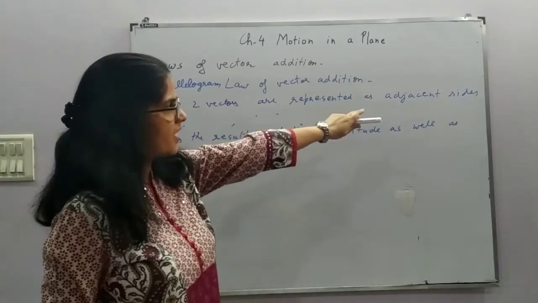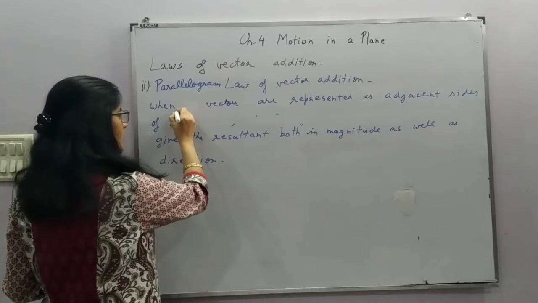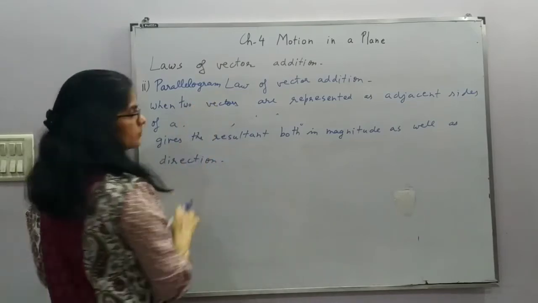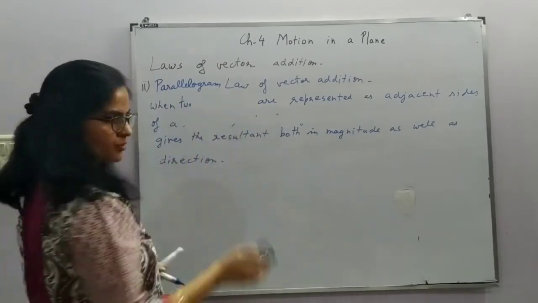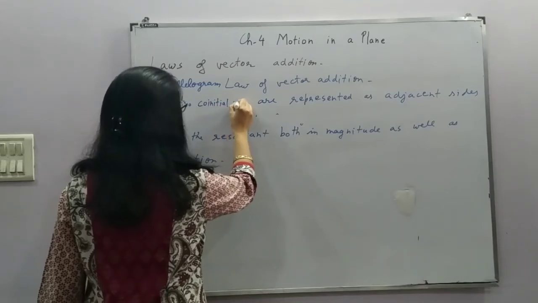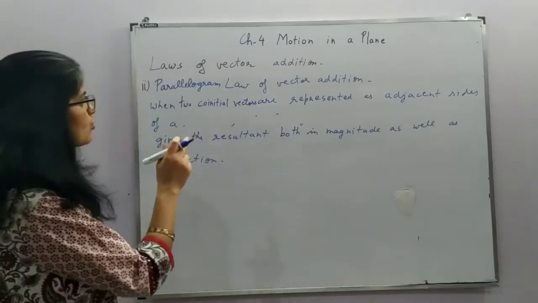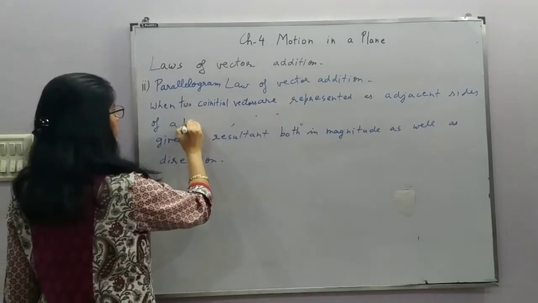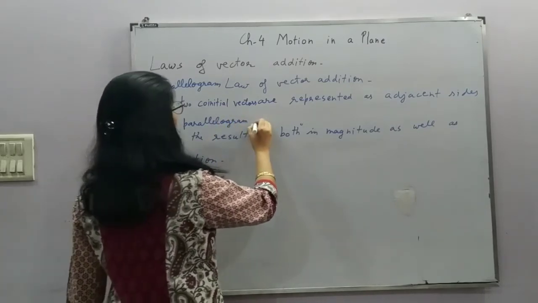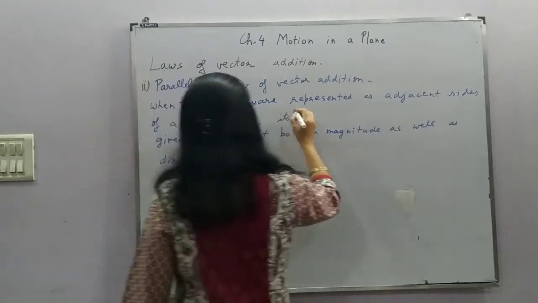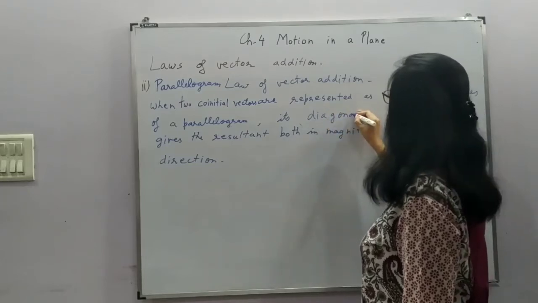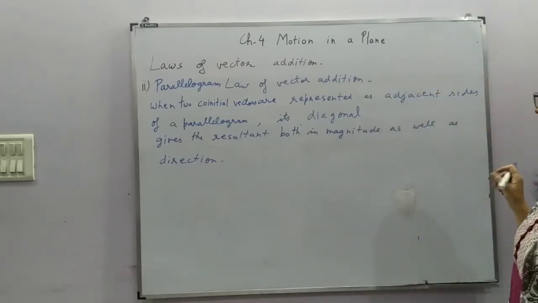When two vectors are represented as adjacent sides, or you can say when two co-initial vectors are represented as adjacent sides of a parallelogram, then its diagonal gives the resultant both in magnitude as well as in direction.